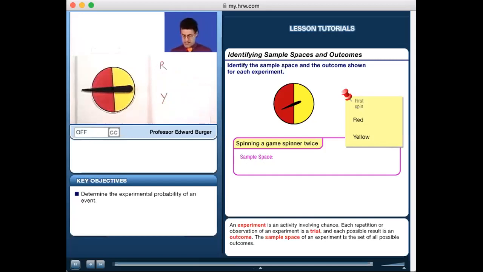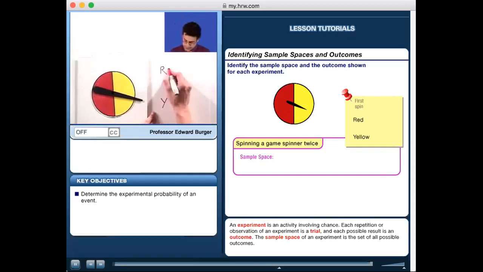What about the second spin? Well, the second spin could either be a red or a yellow as well. But of course, the second spin could be a yellow, whether the first is red or yellow to begin with. So in fact, for each of these, we have two possibilities. We could have a red for the second spin, or we could have a yellow for the second spin.